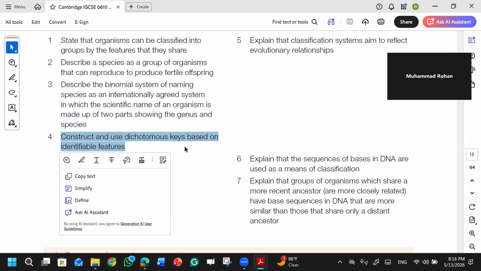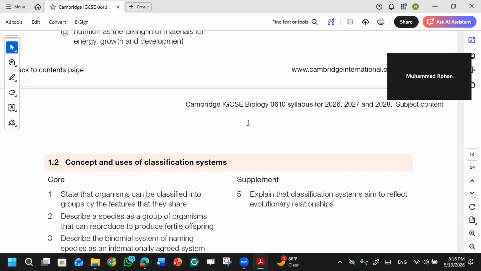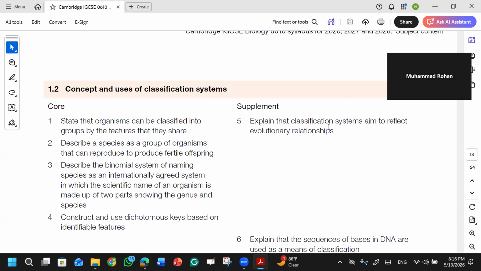On the morphological basis, and on the basis of anatomy, they categorize the organisms. These are the terminologies that we have discussed. And then the fifth part explains that classification systems aim to reflect evolutionary relationships. This we have started about the classification system.